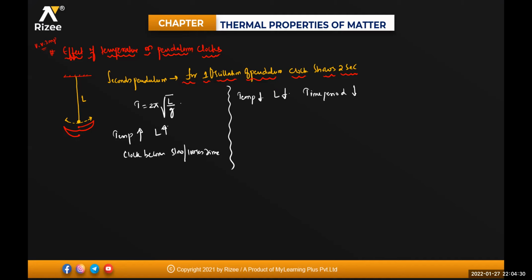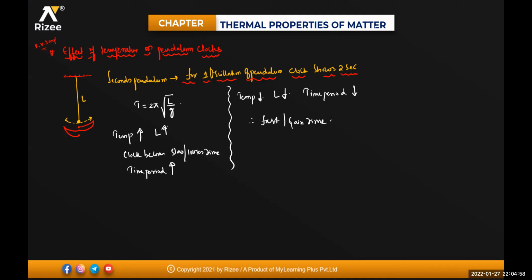Whereas in the earlier case, the time period will increase. In this one, the time period will decrease. That means either it moves fast, or I can say that it gains time.